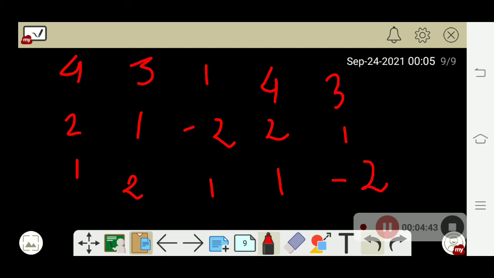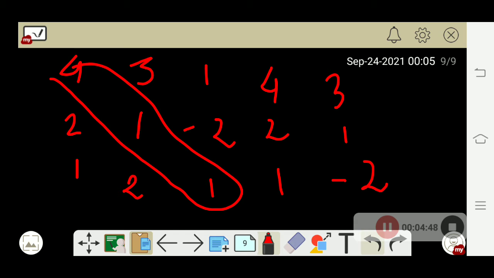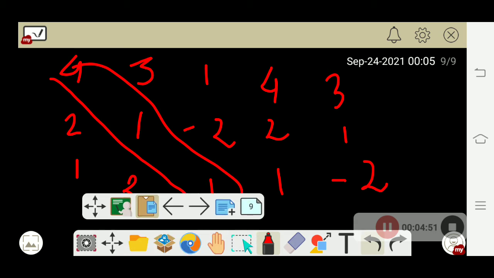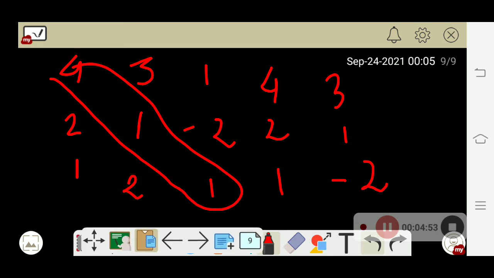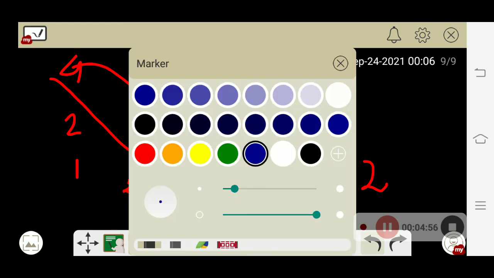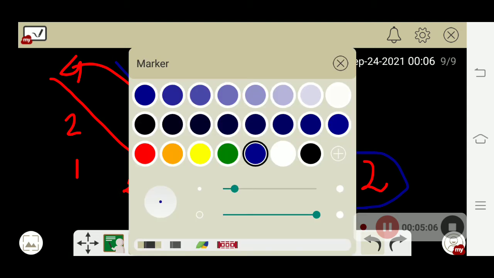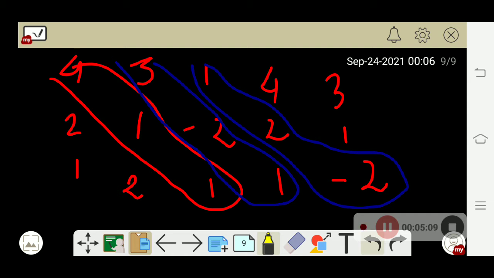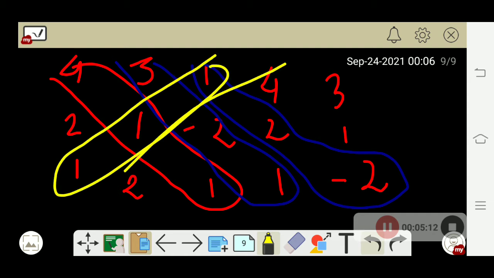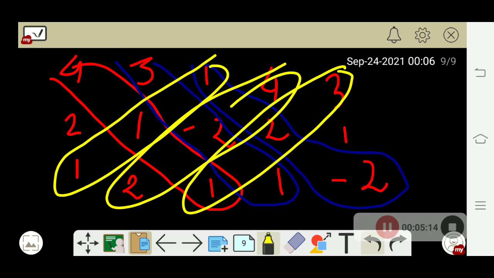Using the diagonal lines we find S1 and S2.